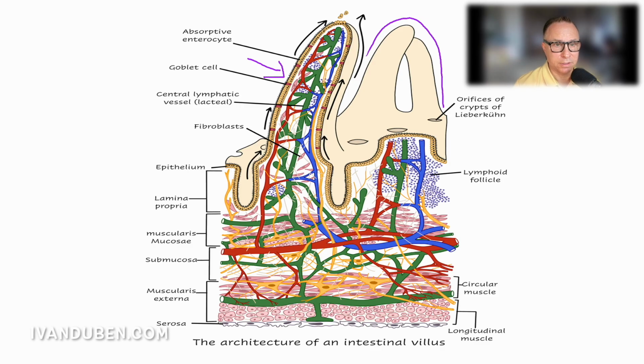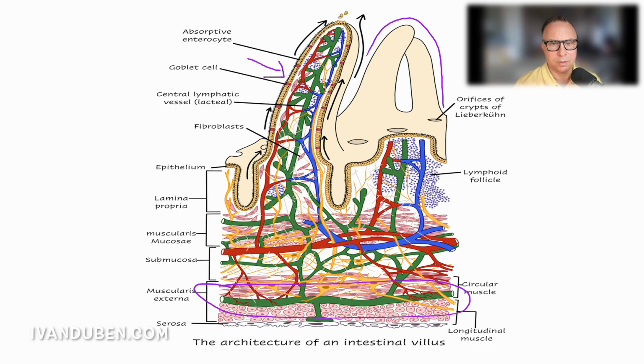Now we have millions of these inside our intestine, and you can see how intimately they are connected to the lymphatics. And of course, the outer layers of the small intestine, you can see how they're represented down here. And these are the vessels, lymphatic vessels start to get a bit larger.